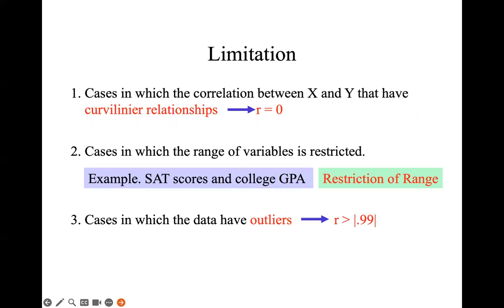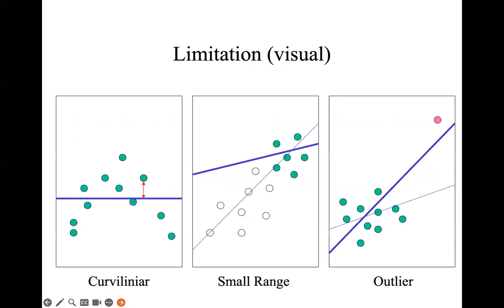Or cases in which the data have outliers, in that sense, scattered scores, and because of that, that too is a limitation. These are examples for curvilinear, for small range, when we have very limited data where the points merge with each other, and the outlier, the pink one here, which is the maverick, the one that is out of the normal reading.